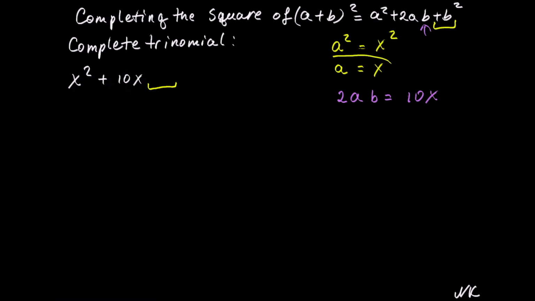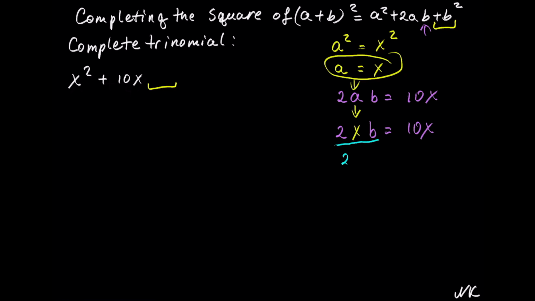We know that a is equal to x, so instead of a, let's plug in x. This gives us 2x, b is equal to 10x, and on this step we just need to solve for b. We have 2xb, so b is being multiplied by 2x.